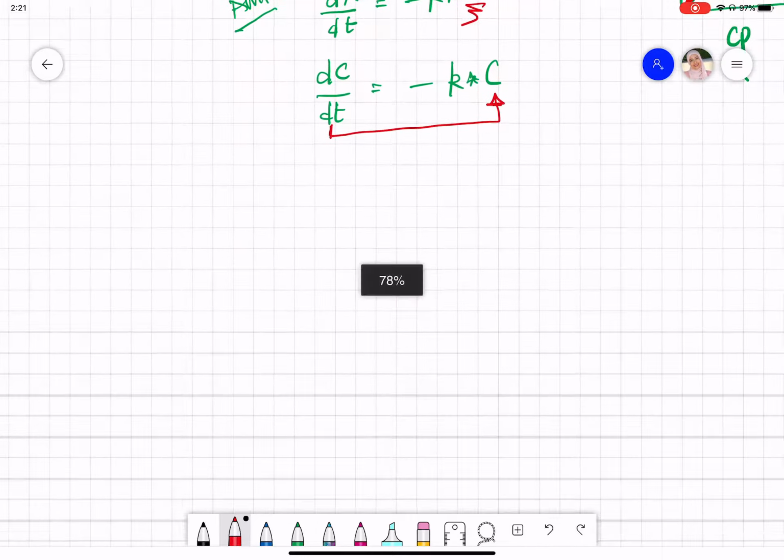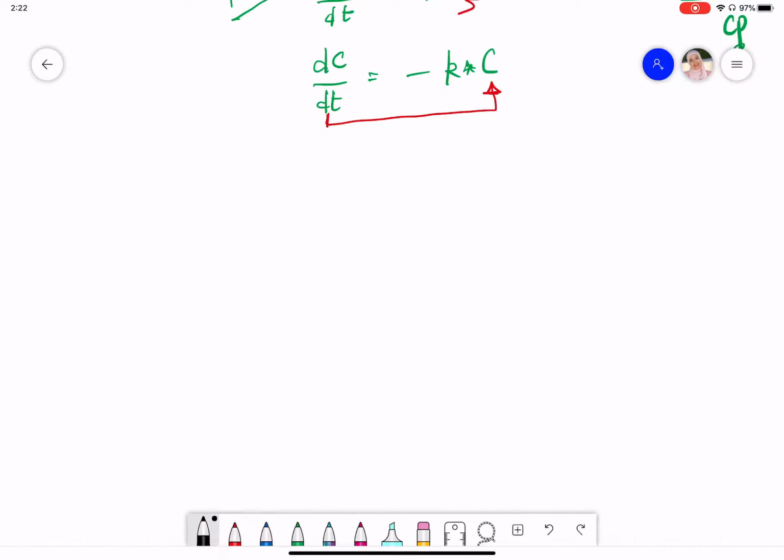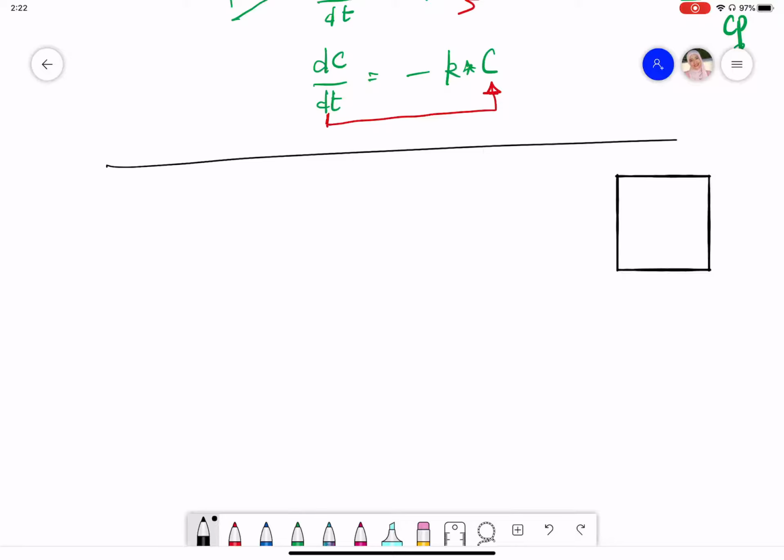But again, just let me draw this again. If we are talking about one compartmental model, and this is our compartment that represents our model, we will have amount, and we will have concentration measured, and we will have a volume of distribution.